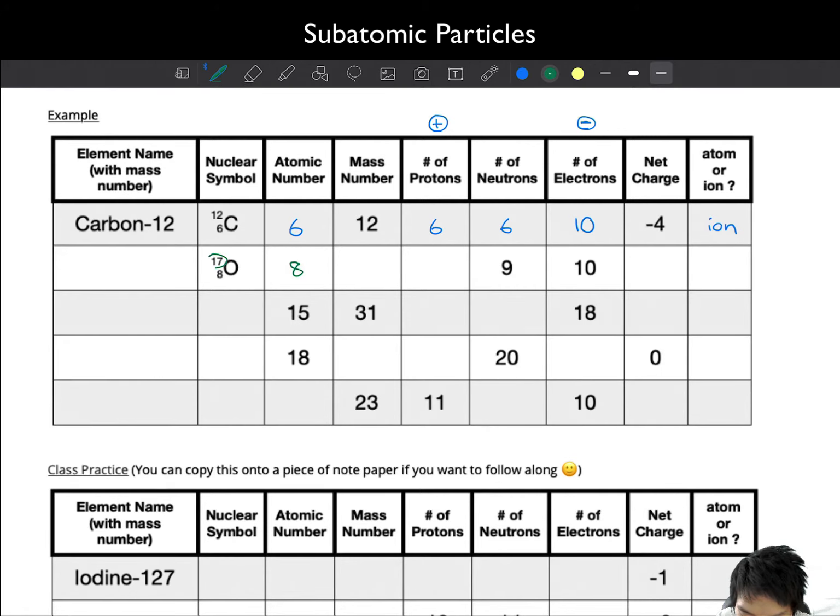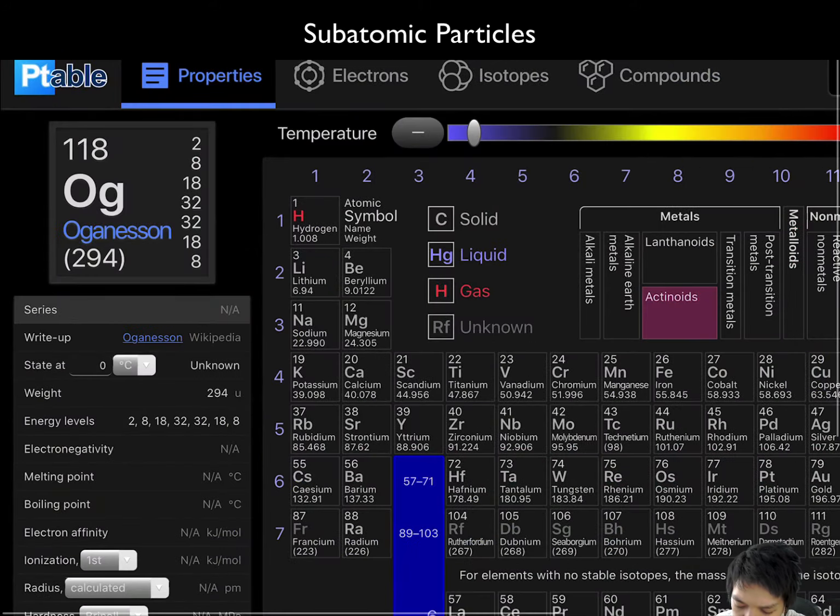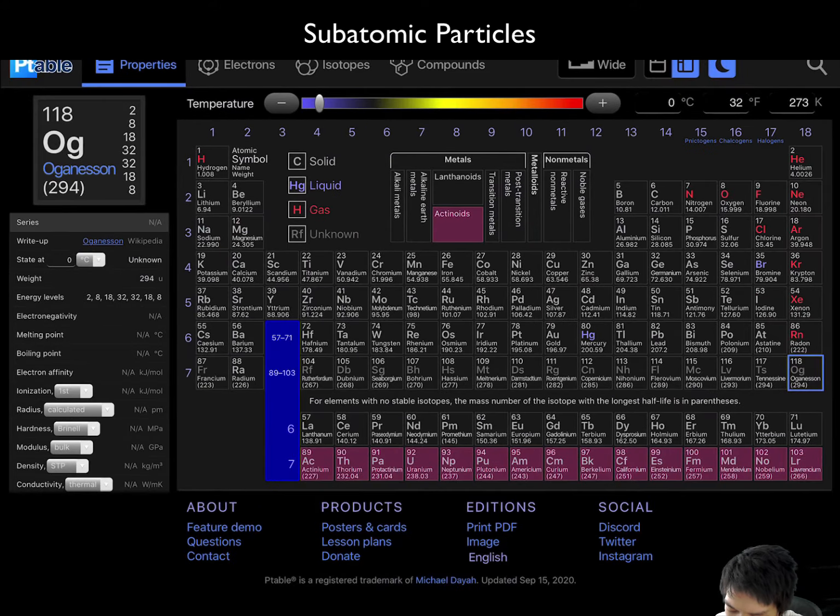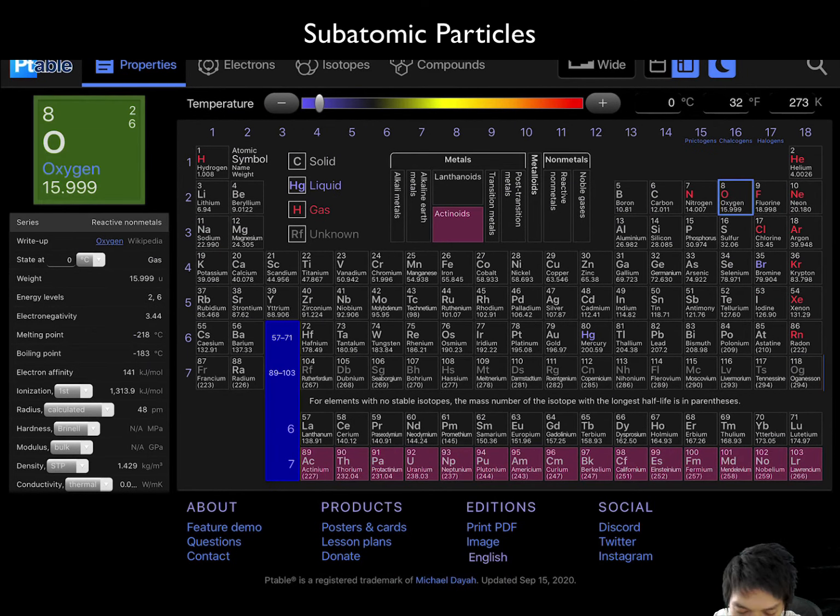I'm going to write this next one down just because it's right there. Mass number is 17. Mass number is on the top of the nuclear symbol. But if we look at the atomic number, or if we look for O on the periodic table, we can find out the element name. If you look for it on the periodic table, it's on the right side.